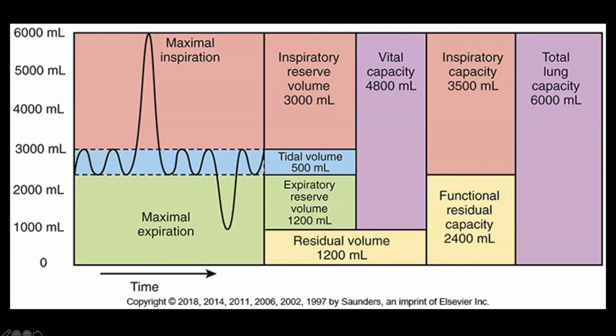So we're talking about our functional residual capacity versus our FEV1. We're talking about looking at our forced vital capacity. Okay, that's that purple there. The total amount the patient can inhale and exhale versus how much they can exhale in the first 1 second. So this tells us about how much air the patient's moving and how fast they can move it out. That tells us about bronchoconstriction.